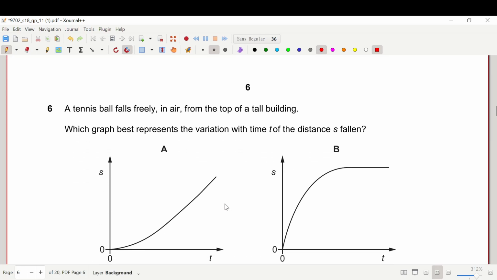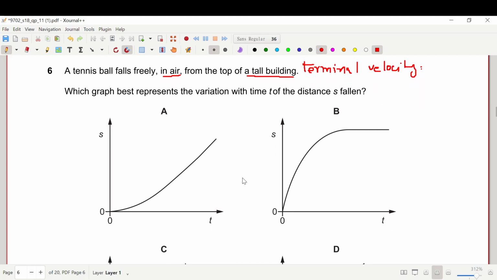A tennis ball falls freely in air from the top of a tall building. When you talk about the tall building and there is an air, so that will be a case of terminal velocity. Which graph best represents the variation time t, the distance fallen?